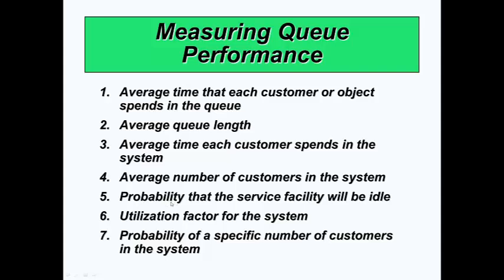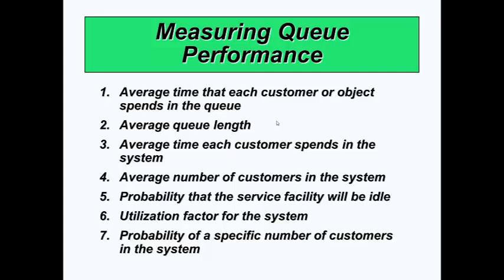Number 5 is important. 5 and 6 go hand in hand. If I want to minimize 1 through 4, that is the average waiting time and the average queue length, as an operations manager, what would I do logically? I will have as many service providers as we want, a lot of service providers.